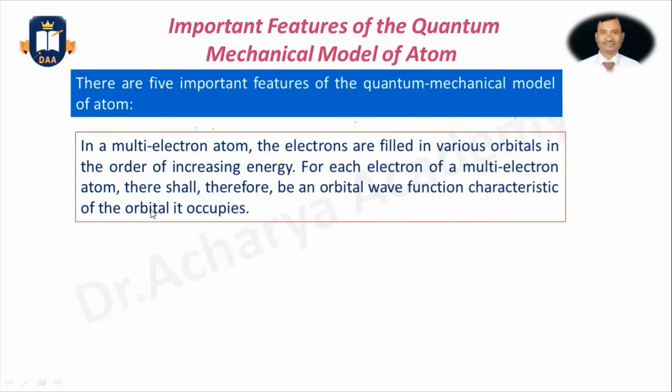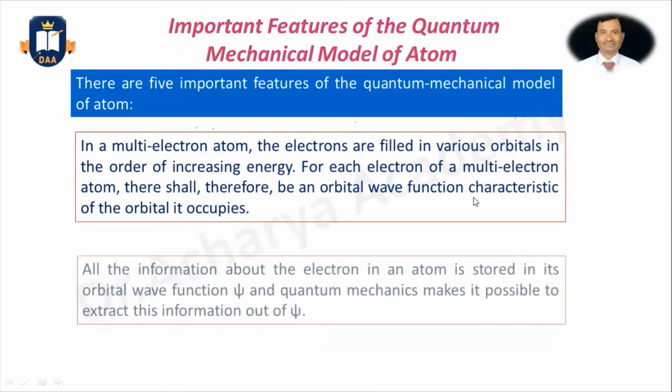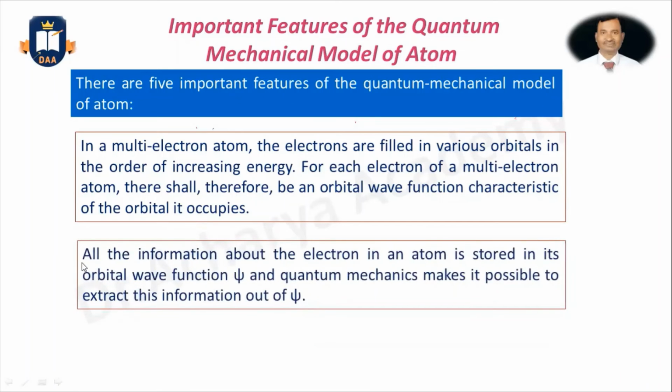We know that every orbital has a wave function. All the information about the electron occupying a certain position in an atom according to increasing energy is stored in its orbital wave function psi. And quantum mechanics makes it possible to extract this information out of psi.